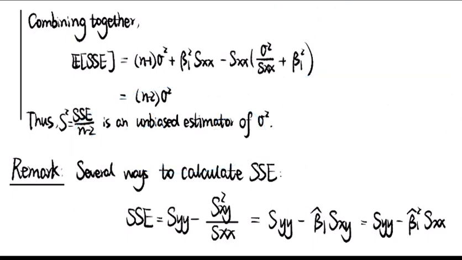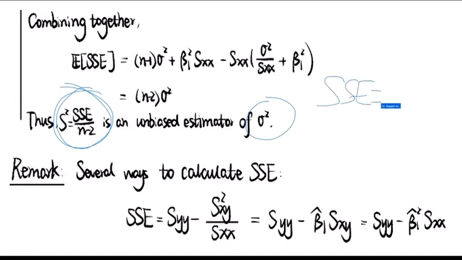Now, what we're telling the world is, if I want to estimate the variance in a situation where a random variable y is related to x, I'm going to use the sum of square error divided by n minus 2. We have several ways to compute the sum of square error. The other time I said the sum of square error is the summation of y minus y cap all squared.